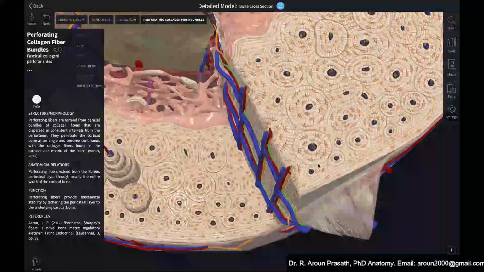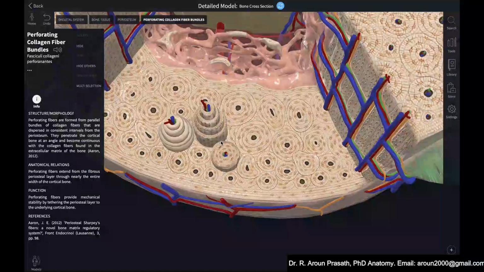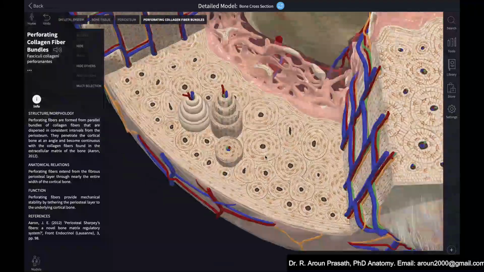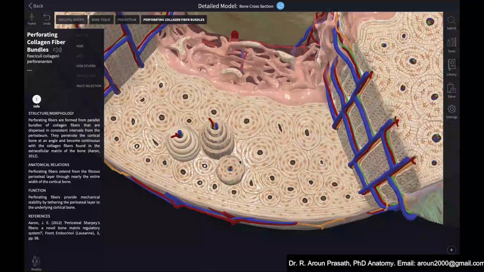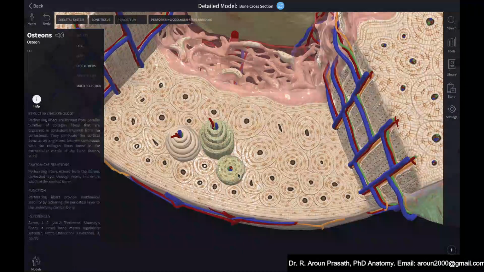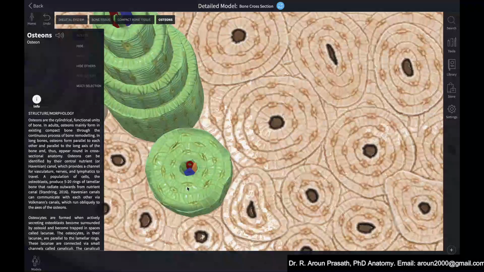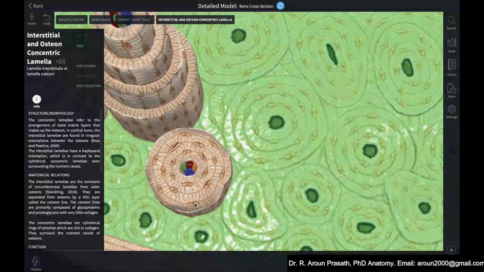Now let us speak about the osteon. This is one osteon, and you can see osteocyte cells arranged in a circular manner. 1, 2, 3, 4 circles are present.